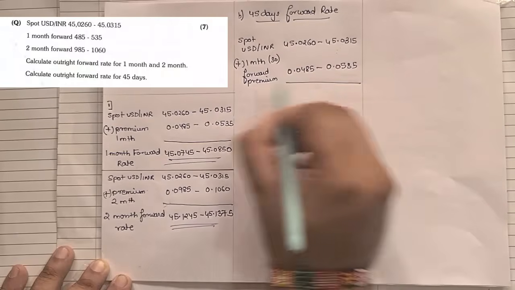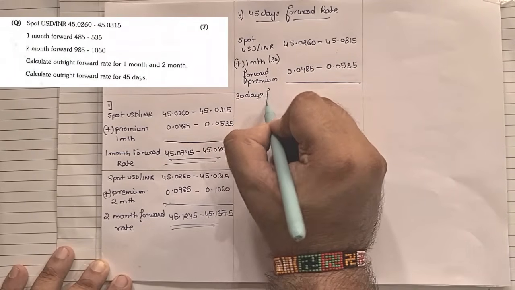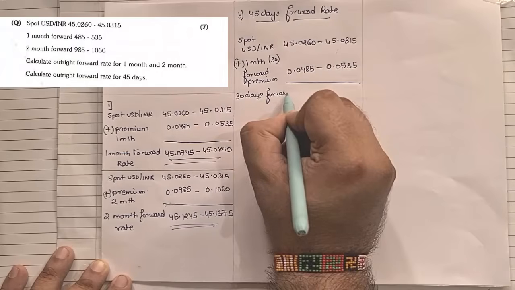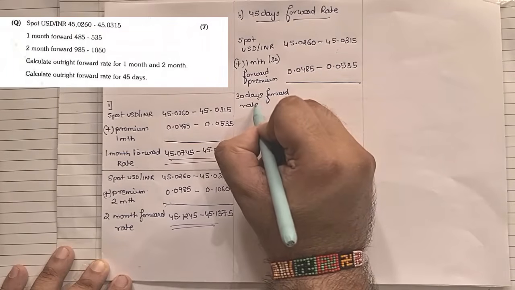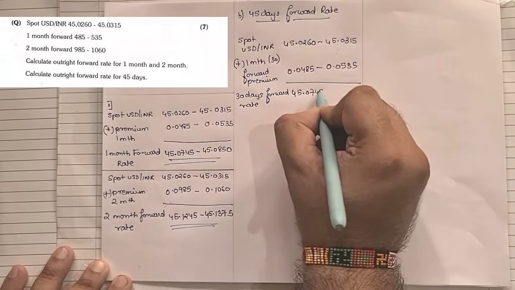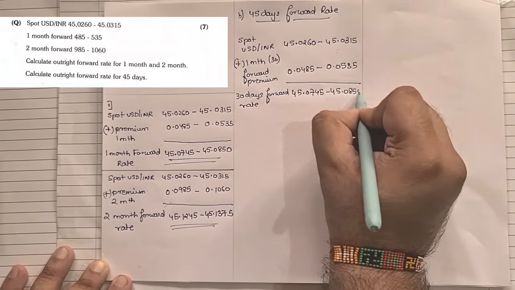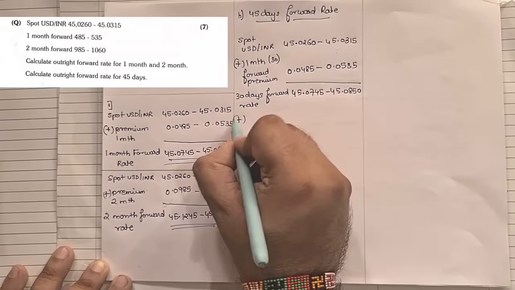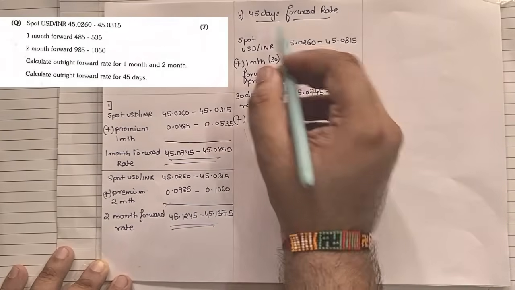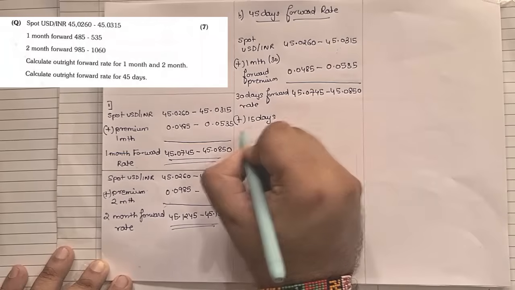When we added up, we had got, I'll write it here as the 30 days forward rate, which was 45.0745 and 45.0850. Now towards this, 30 days are done, I need 45 days, so I need another 15 days premium.